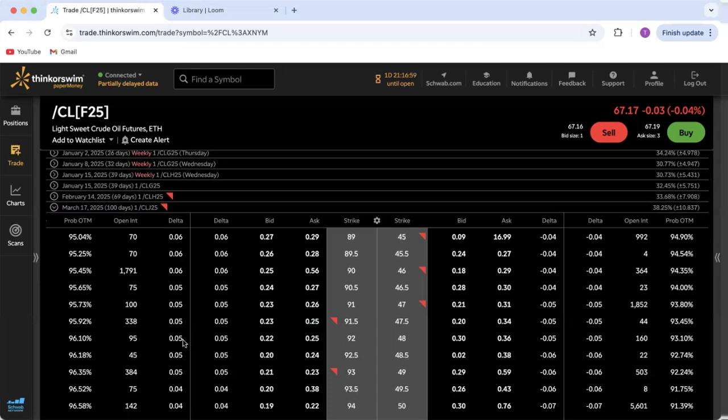All right. There's the delta, 0.05. And then if you come across a little further, you see bid and ask. All right. So our bid number is 0.23. Our ask number is 0.25. So we got a little bit of a spread there.